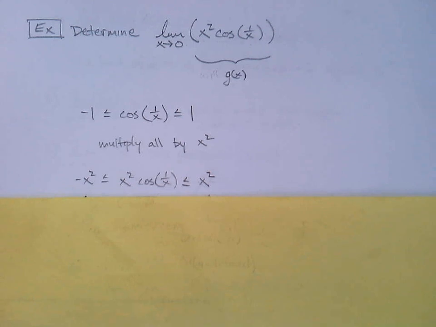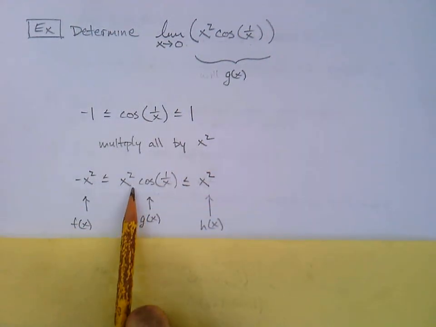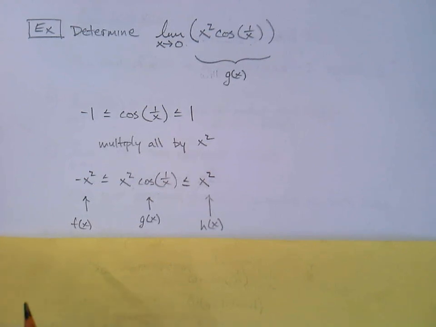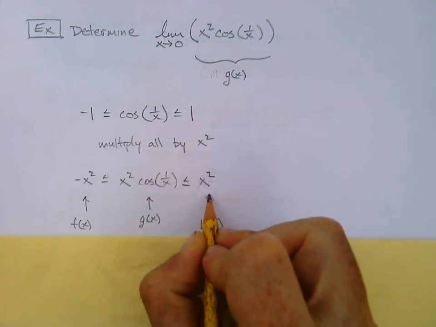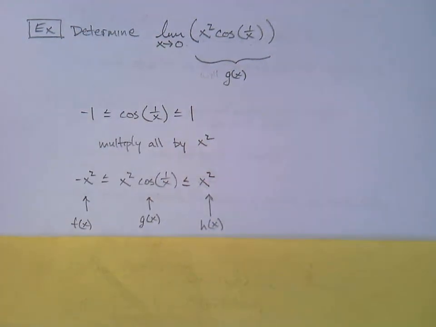And now I can see my g of x clearly there in the middle. That's what I wanted it to be. And then down here is my f of x, and up here is my h of x. And g is caught in between. That's pretty cool. Okay, so what do we do with that?